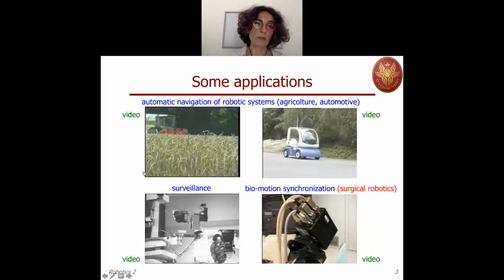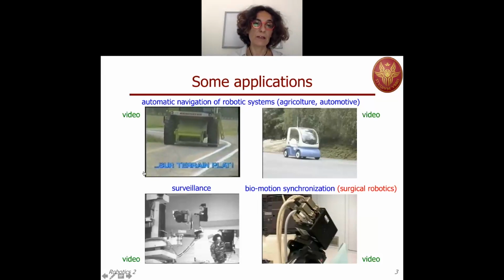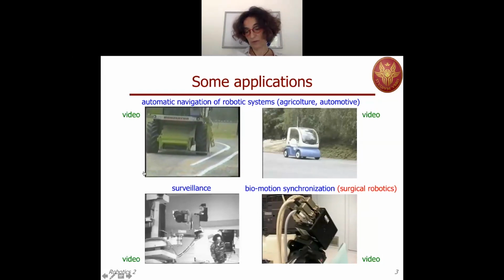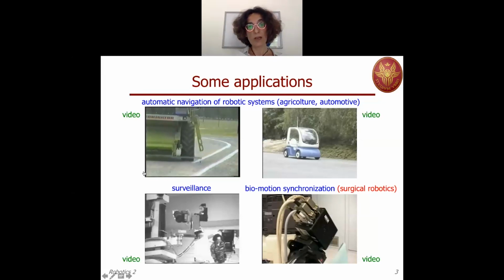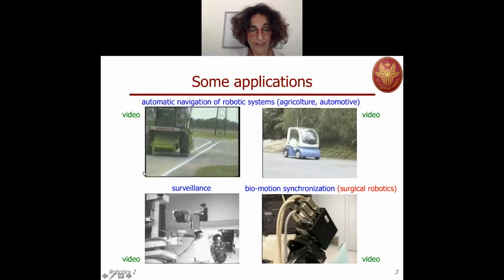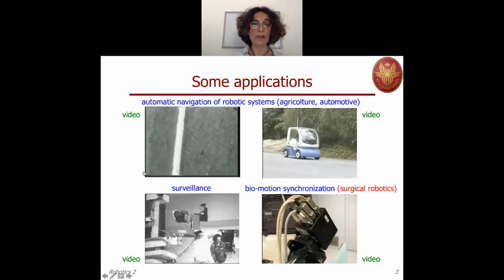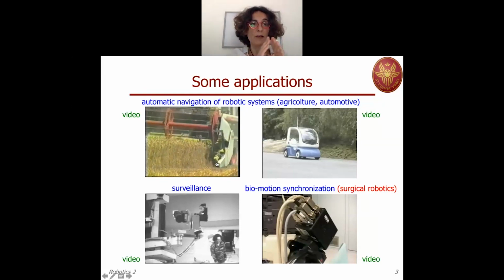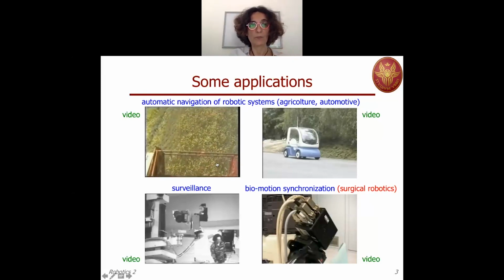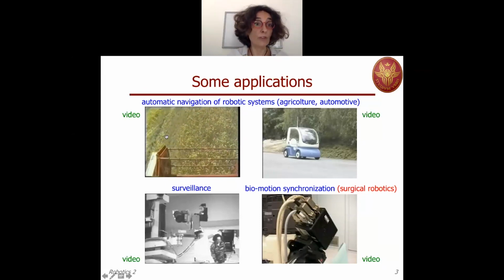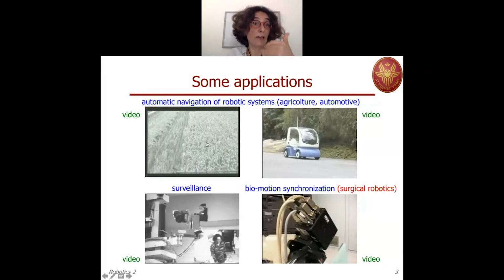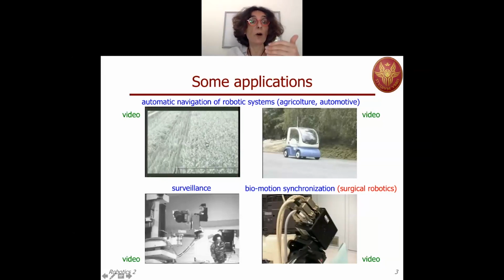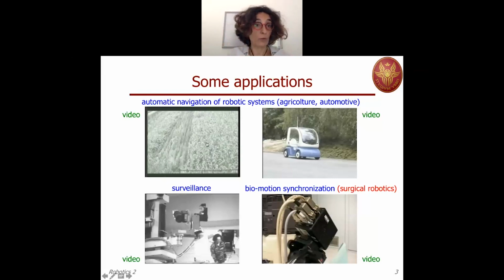For example, here we see it applied in an aerial harvesting application, and the idea is that by using a camera, the vehicle that you see in the video can follow the boundary between the part of the field that has been already covered and the part that has to be covered, so as to obtain an optimal coverage of the whole field.